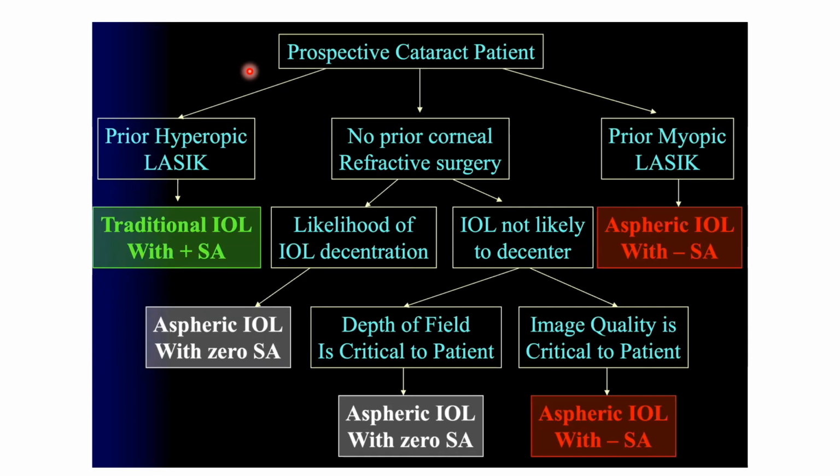If the IOL is not likely to decenter and image quality is critical to the patient, we can use aspheric IOLs with negative spherical aberrations. However, if depth of field is critical to the patient, we can use aberration free lenses. In a patient with myopic LASIK, we use an aspheric IOL with negative spherical aberrations.